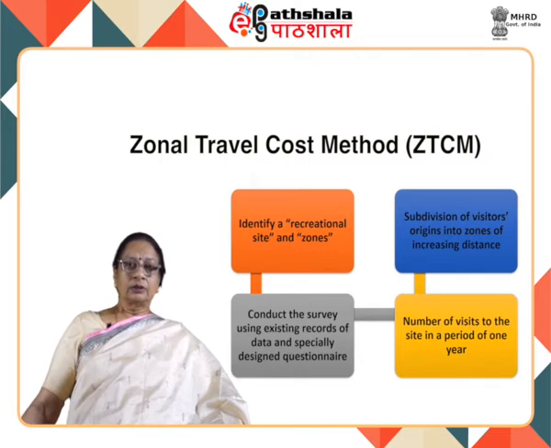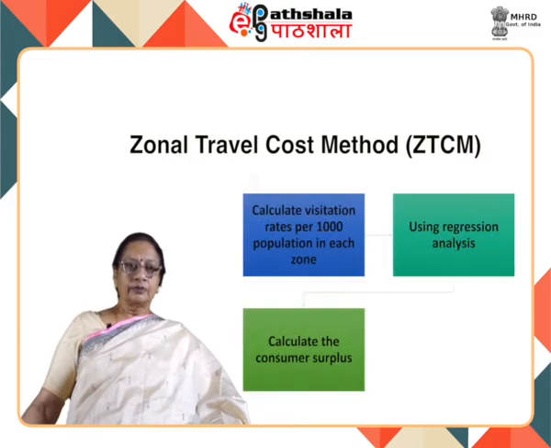Therefore, the number of visits originating from different zones indicate visits purchased at different prices. Fifth, calculate visitation rates per thousand population in each zone by dividing the total visits per year from the zone by the zone's population in thousands.